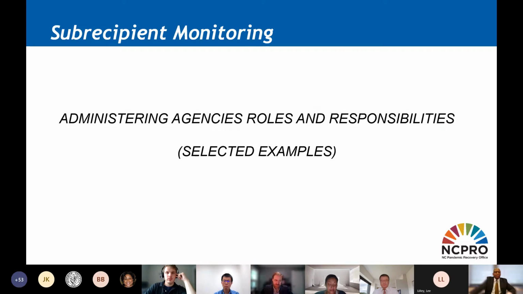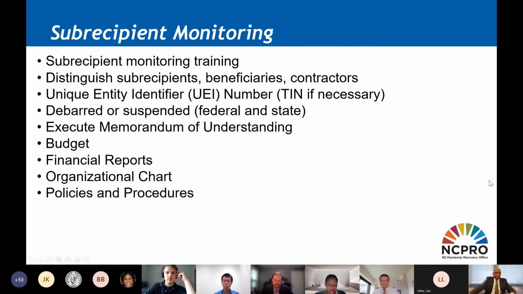Next slide. And some of that includes, well, some of what we're talking about today. We're not specifically doing it, but it is important that each organization makes sure that they receive sufficient training in this area.